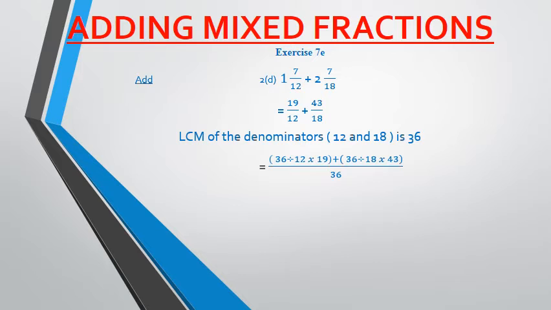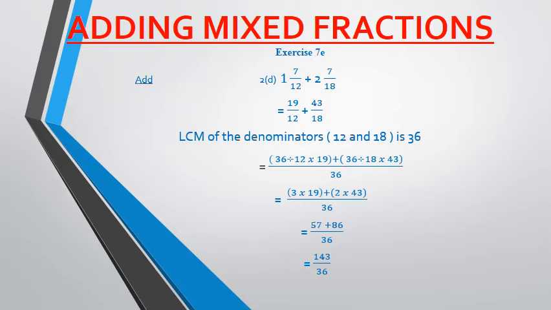And when we solve this, what do we get? We get 3 multiplied by 19 plus 2 multiplied by 43 upon 36, which in turn is equal to 57 plus 86 upon 36. And this in turn is equal to 143 by 36.